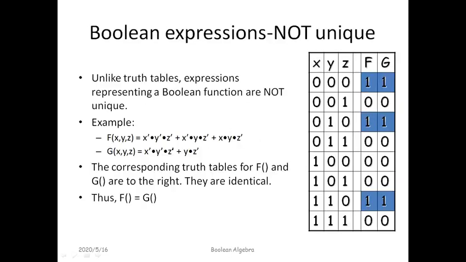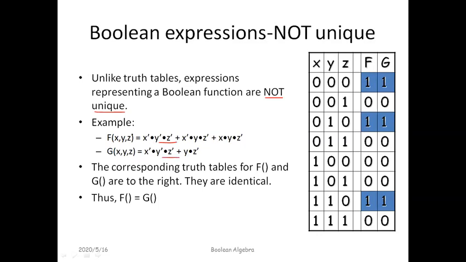So let's look at more on Boolean expressions and the truth table. Unlike truth tables, expressions representing a Boolean function are not unique. We mentioned this. So these are not unique. For instance, function f gives this expression on the right-hand side of the equal sign, and function g gives this expression.